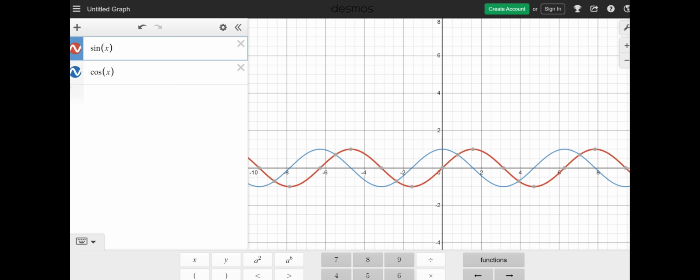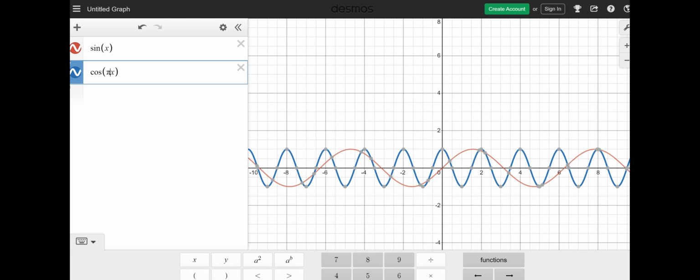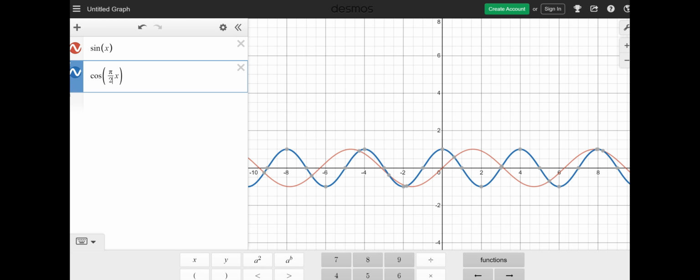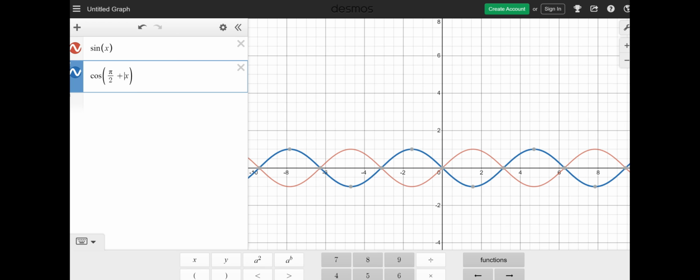Now, looking at the cosine of x, if I did pi over 2, then I did plus x, you can see that these aren't the same at all. However, if we reflect x, if we flip that about the x-axis, so if we put a minus here, we can see now they are the same.